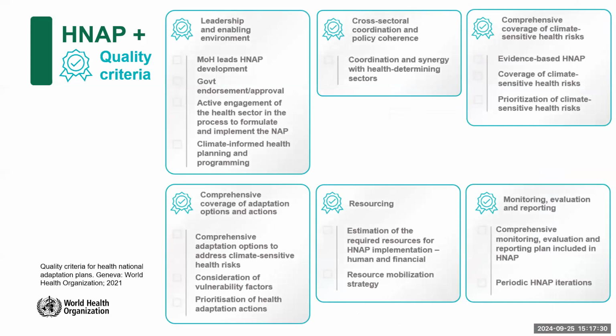Also, the climatic conditions are changing and there's new knowledge and technologies, but these criteria provide us with some key points to consider when developing an HNAP. They are: leadership and enabling environment, cross-sectoral coordination and policy coherence, comprehensive coverage of climate-sensitive health risks, comprehensive coverage of adaptation options and actions, resourcing, and monitoring, evaluation and reporting. Those are the 6 components that we will go through in this session.